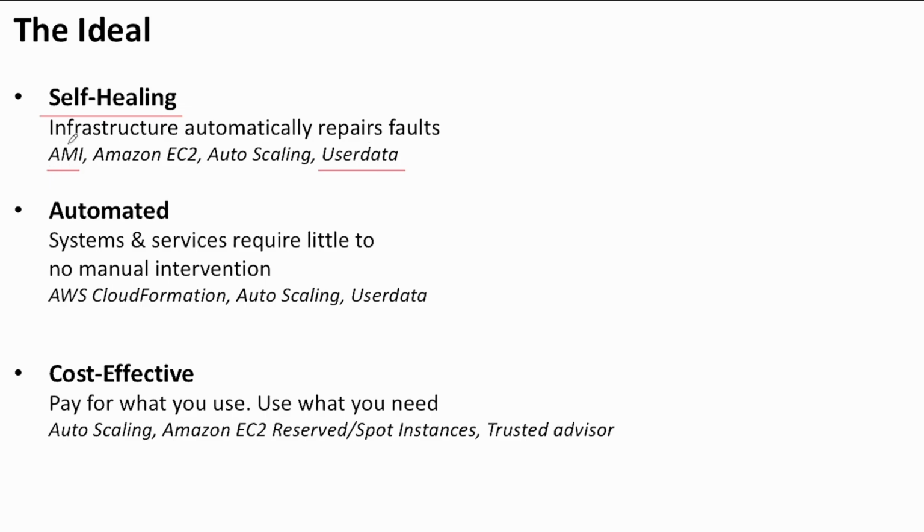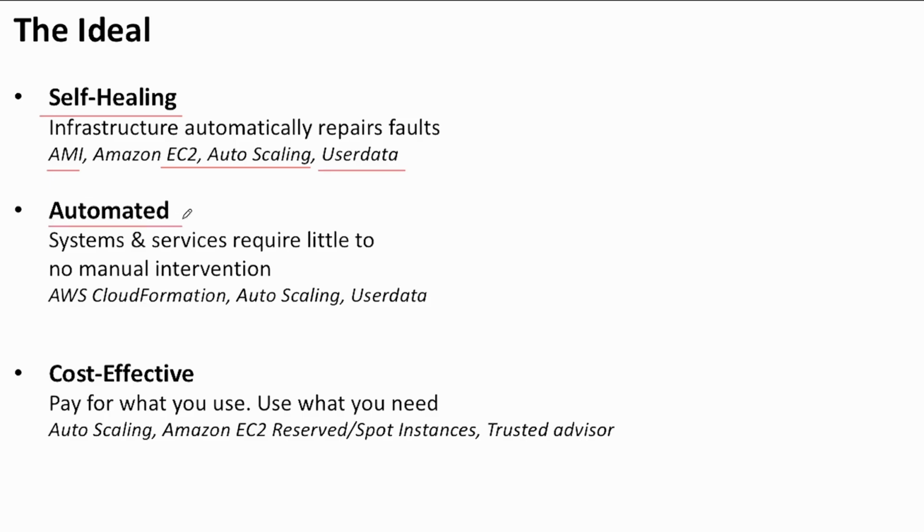Combining the AMI with auto-scaling and user data is a really powerful system of self-healing. And I can speak from personal experience that these services, these tools have saved my life many times over the last 7 years.